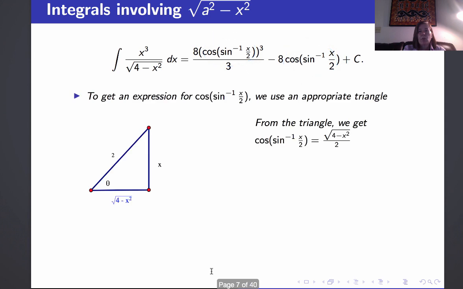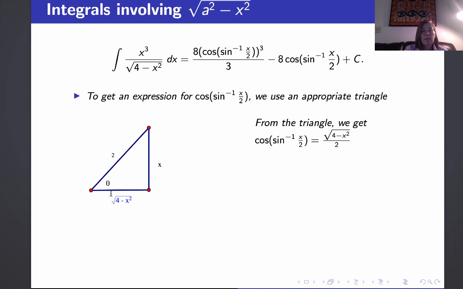And remember, the trick was to draw a right-angled triangle where the sine of your angle theta was x over 2, and then figure out what cosine of that angle was. So letting theta be equal to sine inverse x over 2, we have sine of theta has to be x over 2.